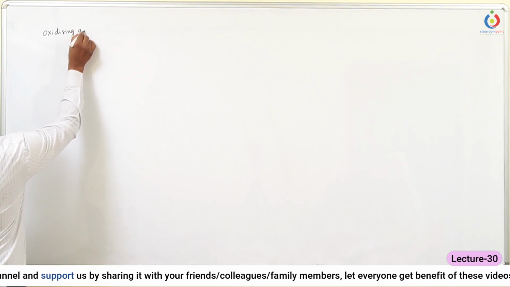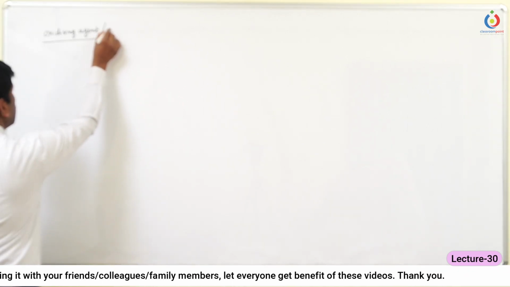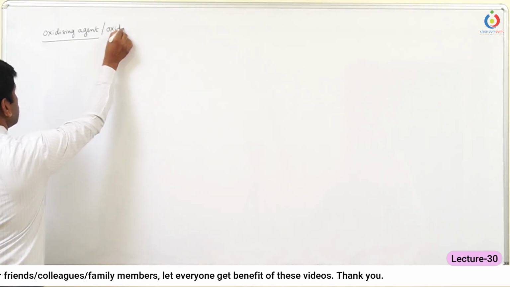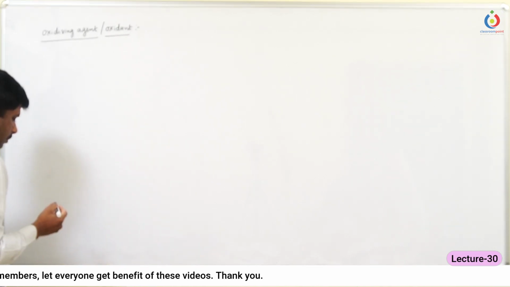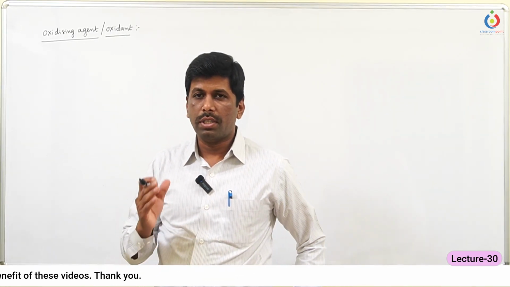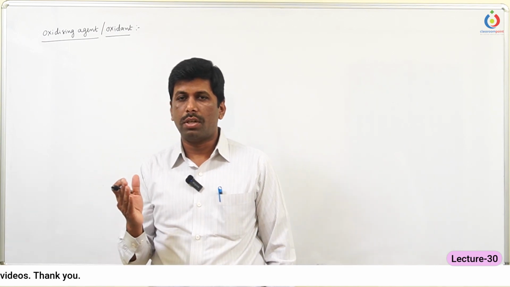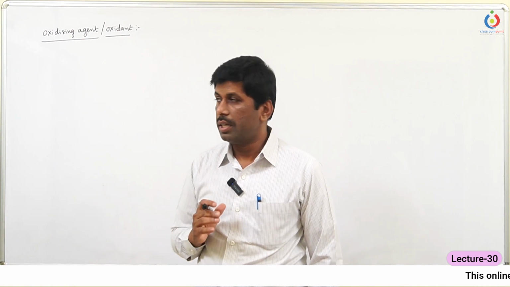Oxidizing agent. This is also known as oxidant. So the definition of oxidizing agent is, in a redox reaction, we know that some substances undergo oxidation and some substances undergo reduction.